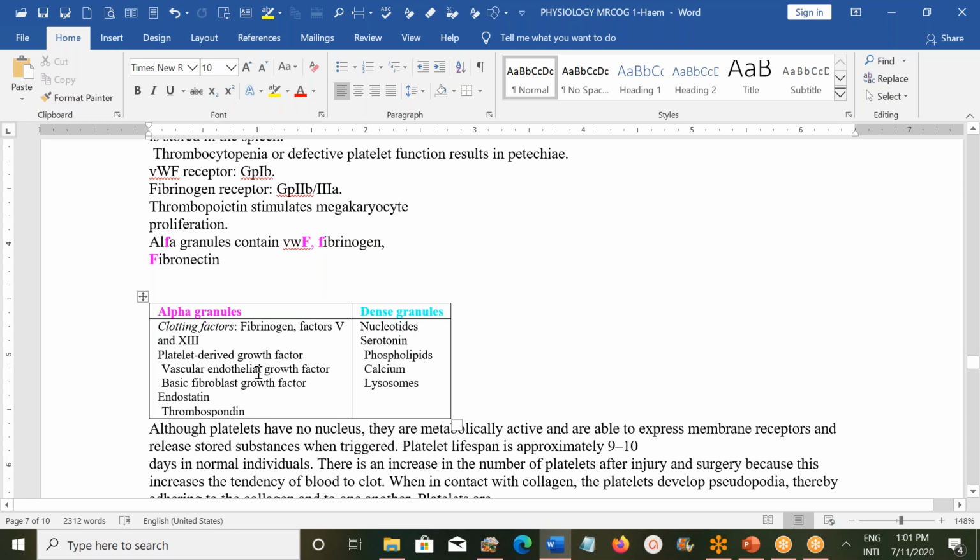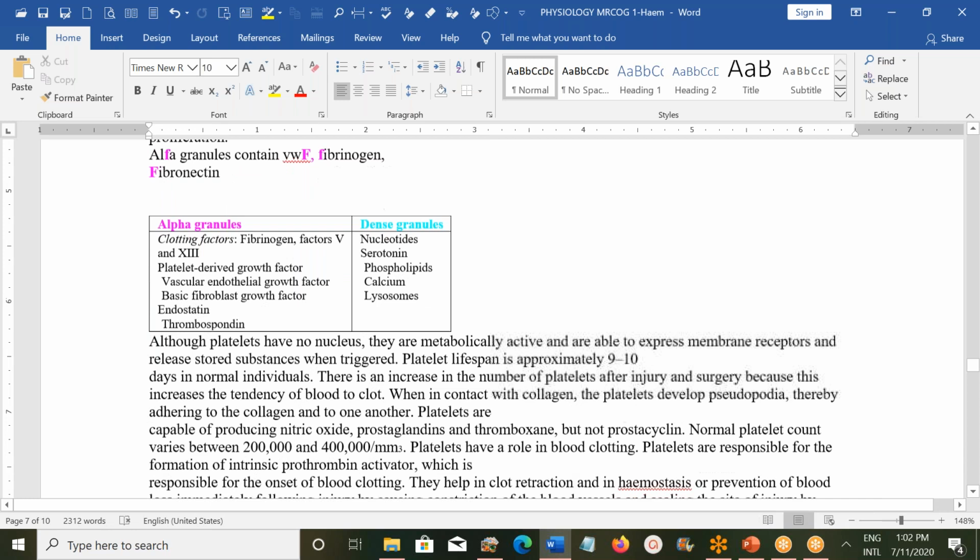They also contain platelet-derived growth factor, vascular endothelial growth factor, basic fibroblast growth factor, endostatin, and thrombospondin. These are present in the alpha granules. The dense granules contain nucleotides. They also produce serotonin and phospholipids, and they will have lysosomes in them. And then they will be sensitive to the actions of calcium also. That is the point.